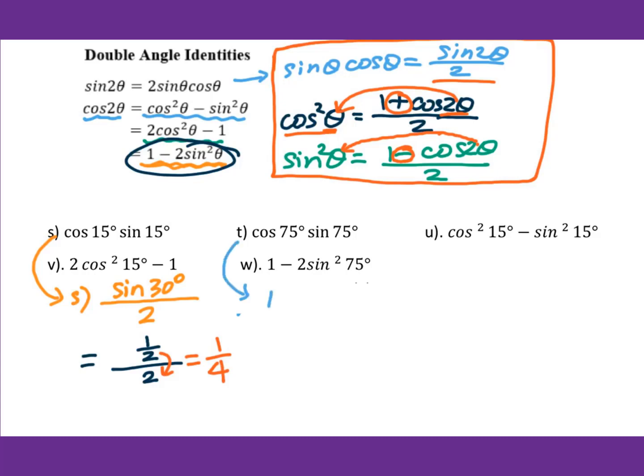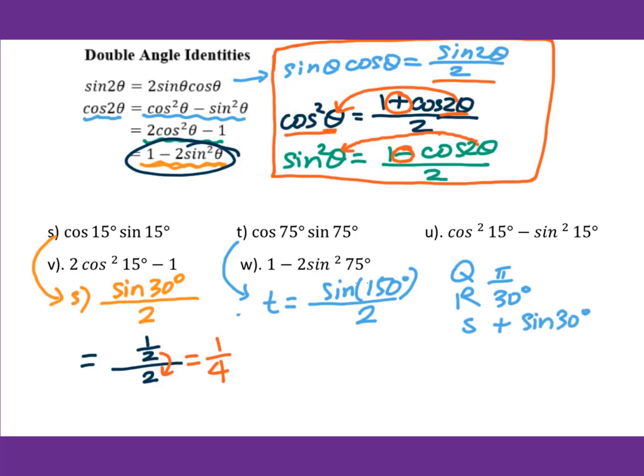For this T, you will get sine 2 times 75 is 150 degree over 2. Sine 150, that's QRS. Go to second quadrant. Reference angle is 30. So it's positive sine 30 degree. That's 1 over 2. So we got 1 over 2 over 2. Drop, that's 1 over 4.